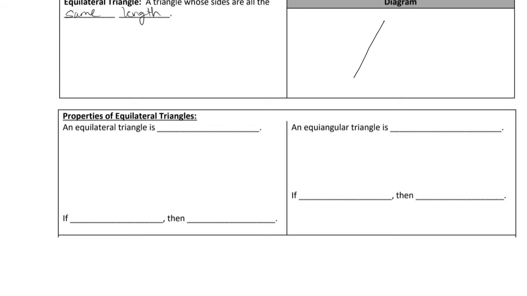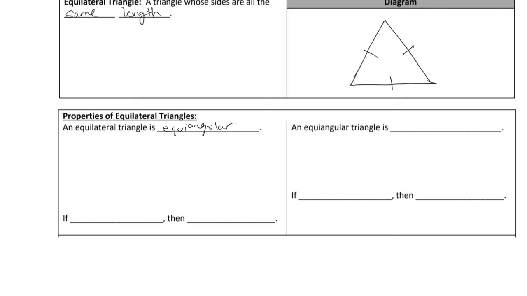So it means a triangle where all the sides are congruent, all the sides of it. And then we have properties of equilateral triangles. It says an equilateral triangle is equally angular. Well, what does that sound like?